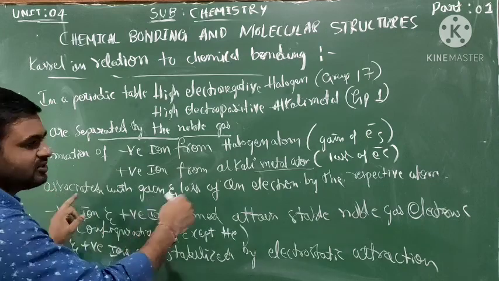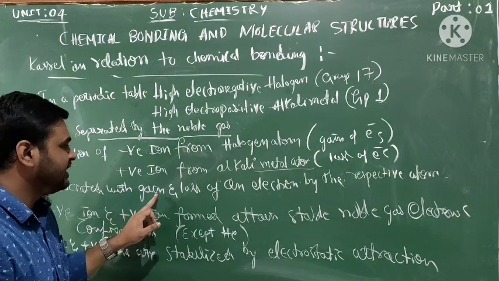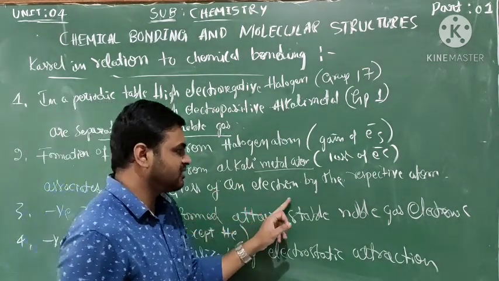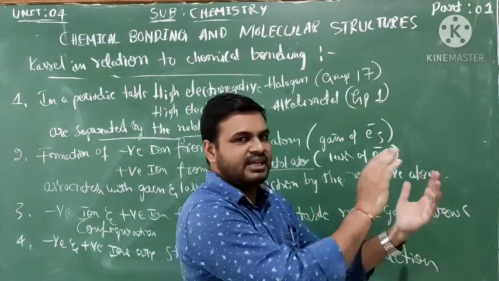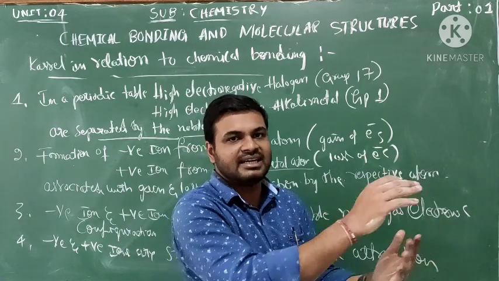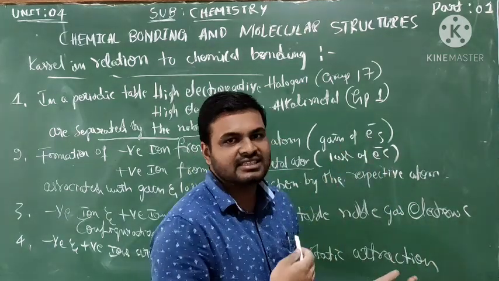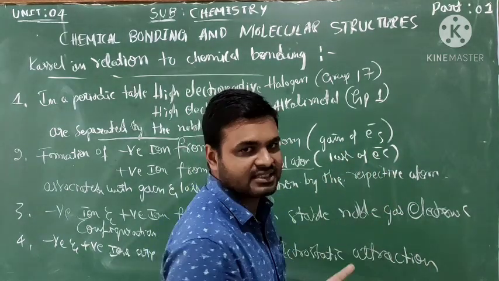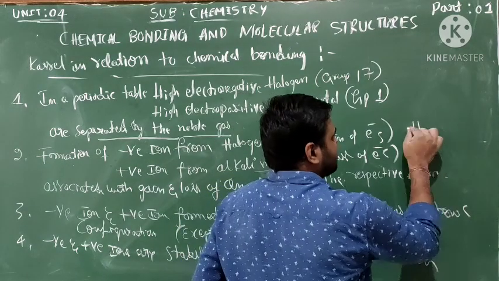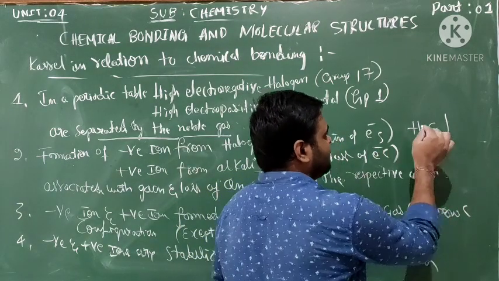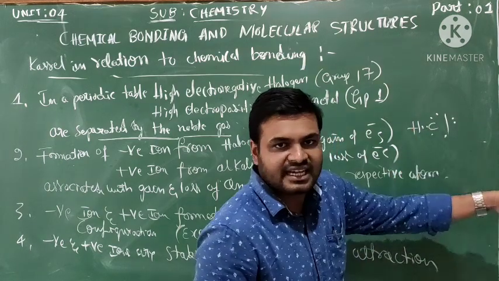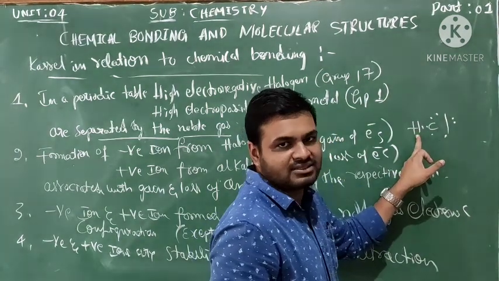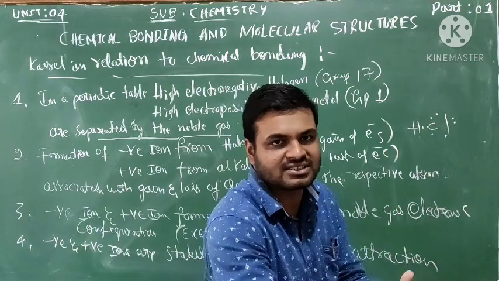Here it is associated with gain or loss of an electron by the respective atoms. It depends on the atoms that are combined, whether the gaining or losing character belongs to them. So here is H. H has a losing character, this is one atom that can easily lose.